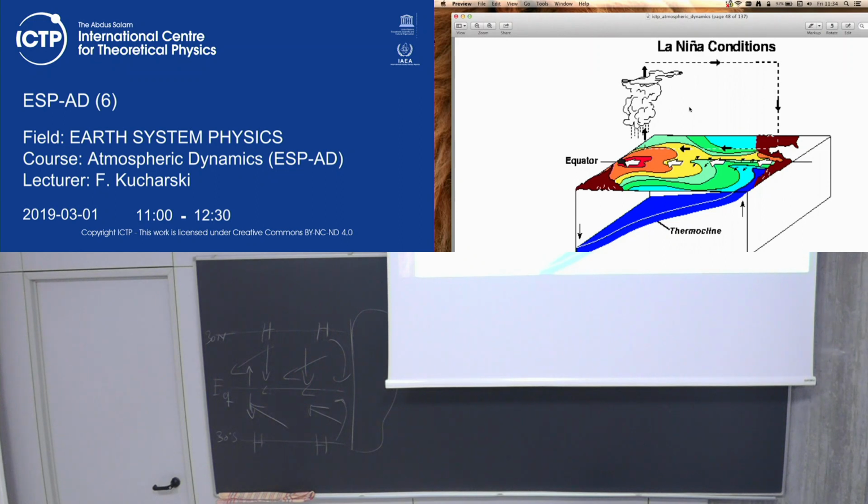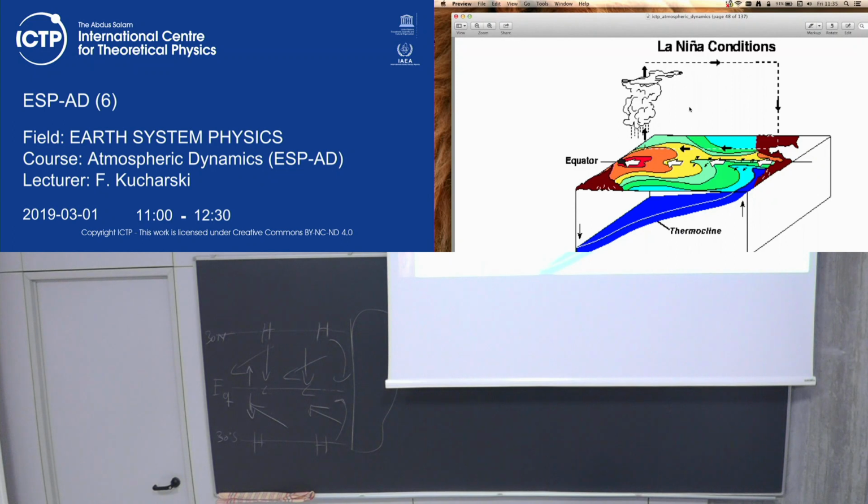But the cooling here and the warming here means also, again through the hydrostatic equation, as we have discussed before, a tendency to have anomalously high pressure here and low pressure there. That pushes even more water from the east to the west. There's a positive feedback between atmosphere and ocean: the ocean cools off the surface, and the atmosphere responds in a way that even enhances this process.